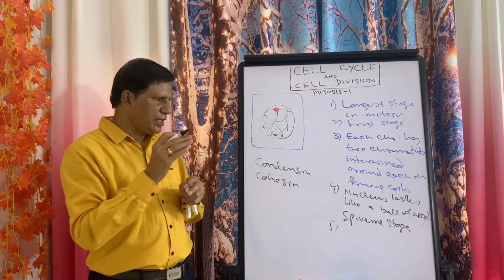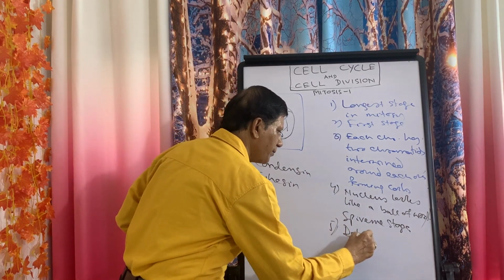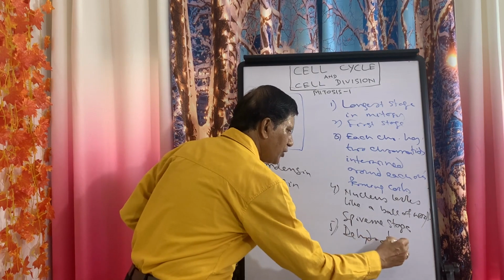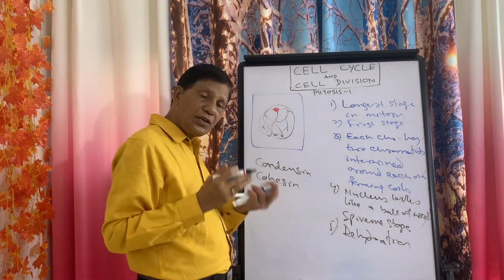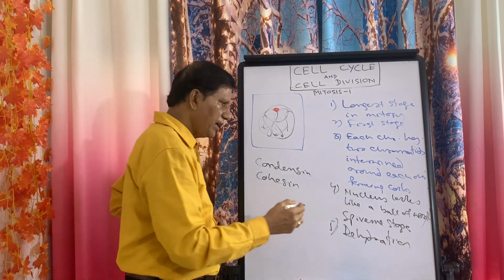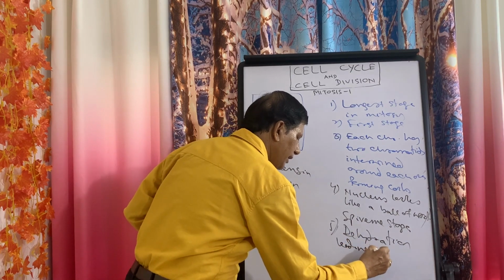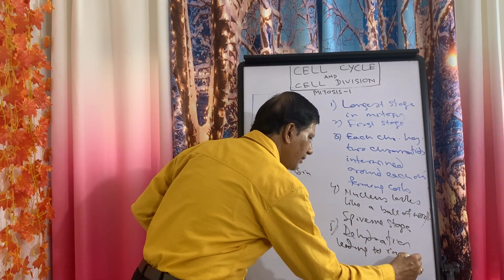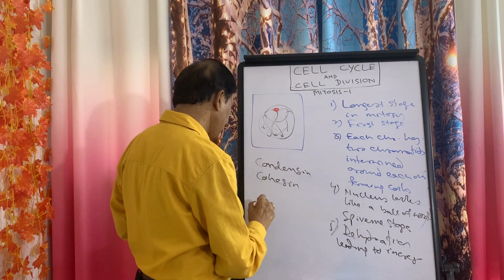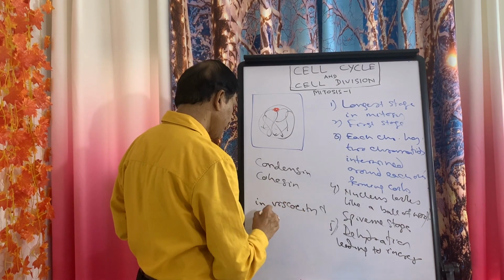During this process, first there will be dehydration, that means the nucleus will be dehydrated. As a result, the viscosity and refractivity of the cell will increase. Dehydration leading to increase in viscosity and refractivity.